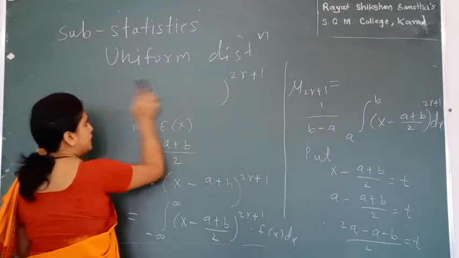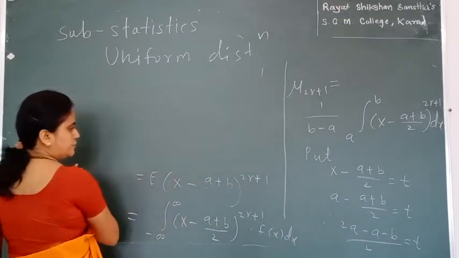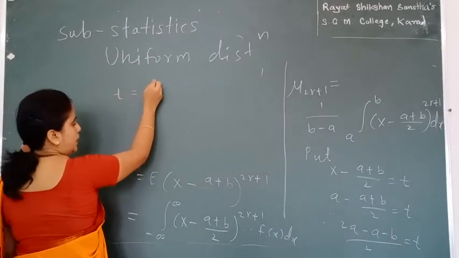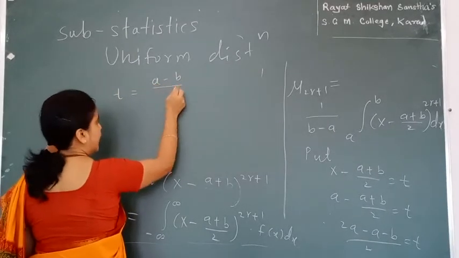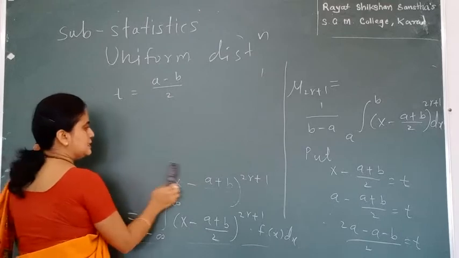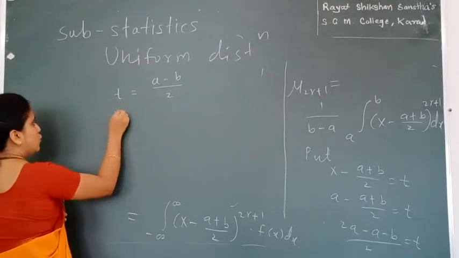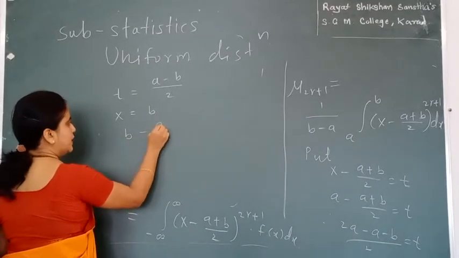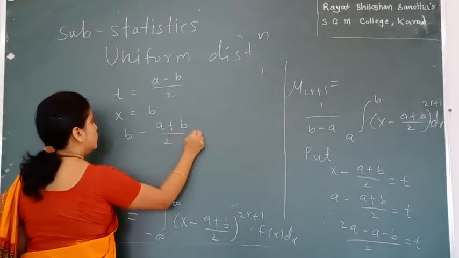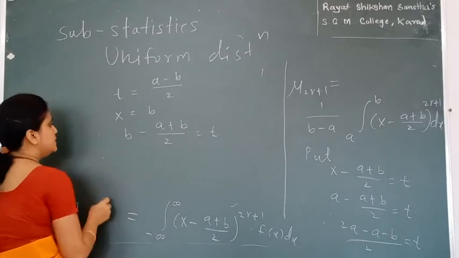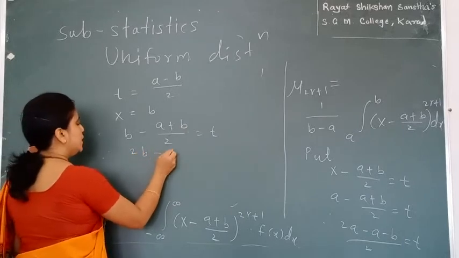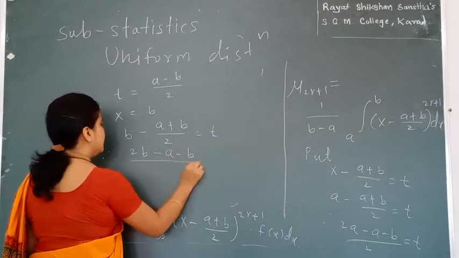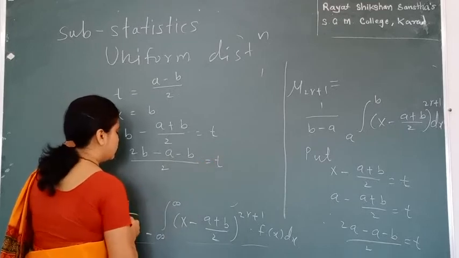Hence t is equal to (a minus b) divided by 2 if the value of x is a. If we put the value of x as b, we get b minus (a plus b) by 2 is equal to t, so (2b minus a minus b) upon 2 is equal to t.